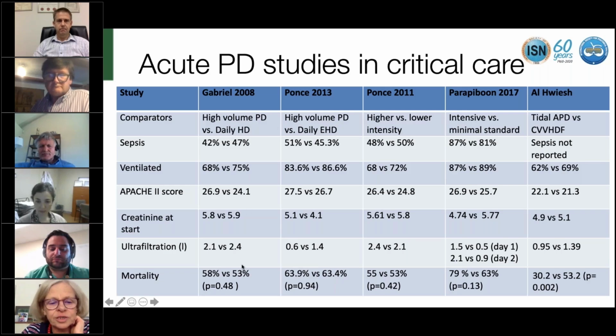The first four show that there's equivalent mortality in all these studies. And the most recent study from Saudi Arabia suggests that there in fact may be a lower mortality in the PD group compared to the group that was on CVVHD.